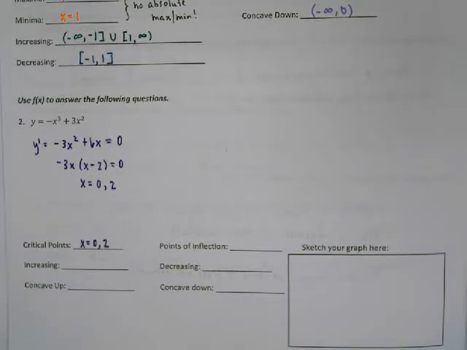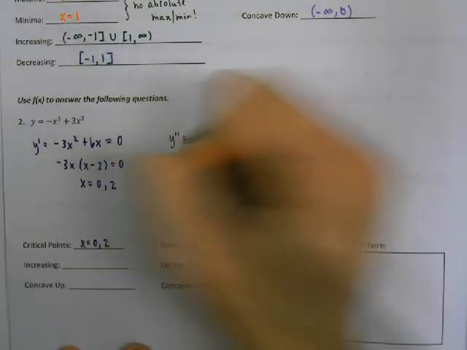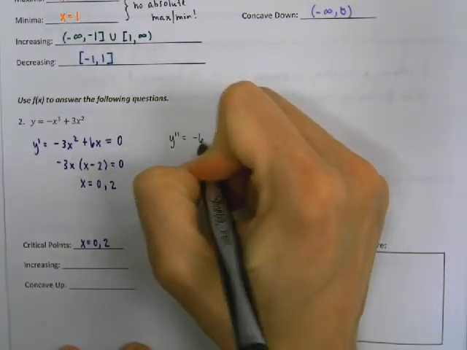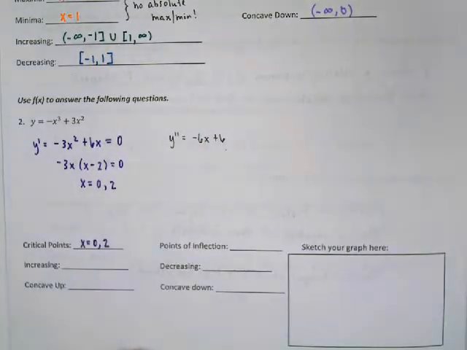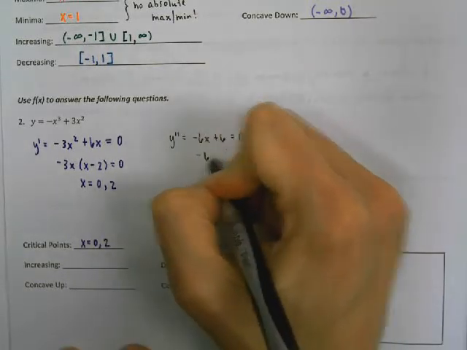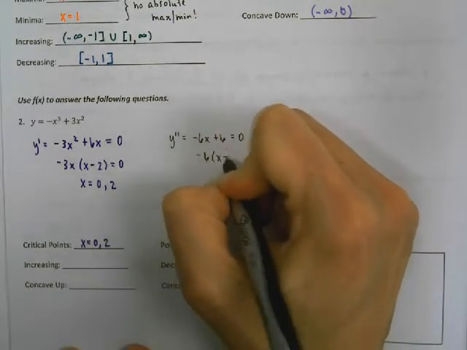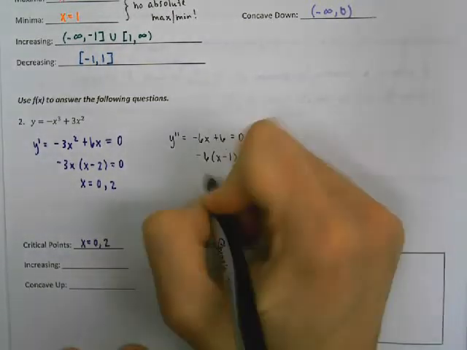Now, for my points of inflection, we dealt with the second derivative. So we're going to calculate our second derivative, -6x plus 6. Again, that's not going to be undefined, so we're just concerned with where it's equal to 0. If I factor out a -6, I get -6 times x minus 1 is equal to 0.